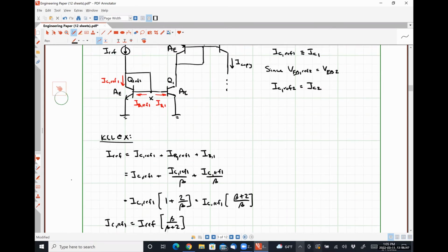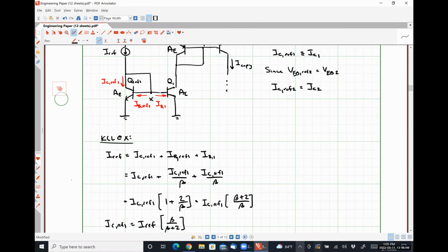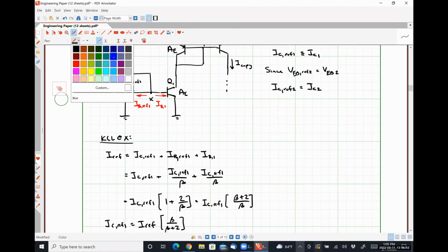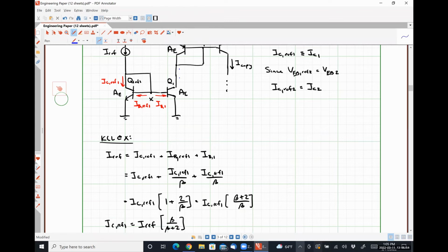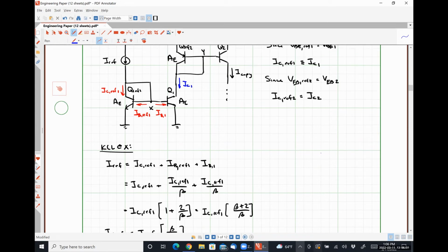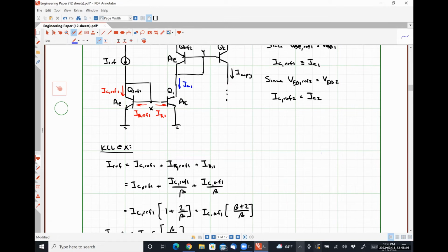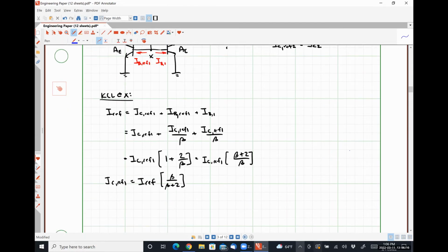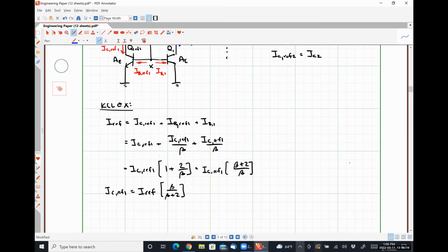Now, since this current, let's do this in blue. So this current IC1 is effectively the reference current for the PNP current mirror up top, right?